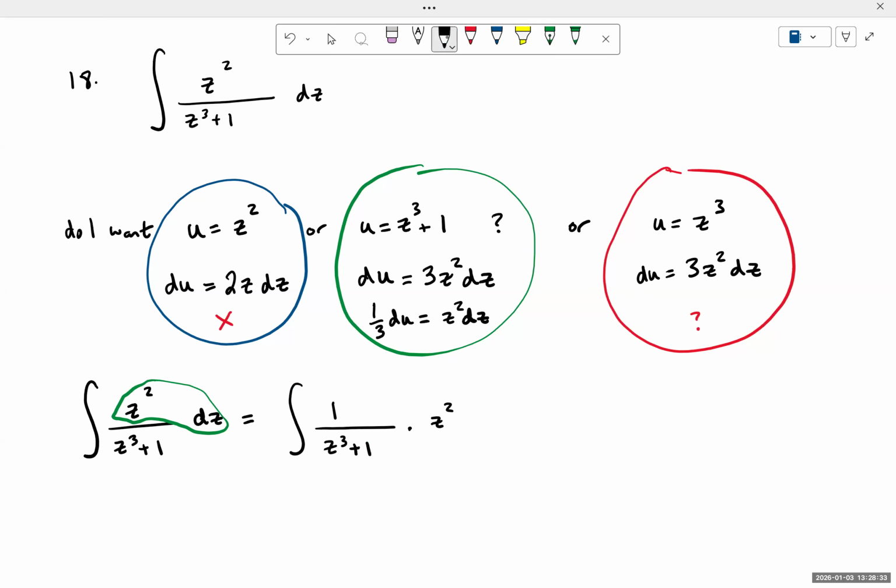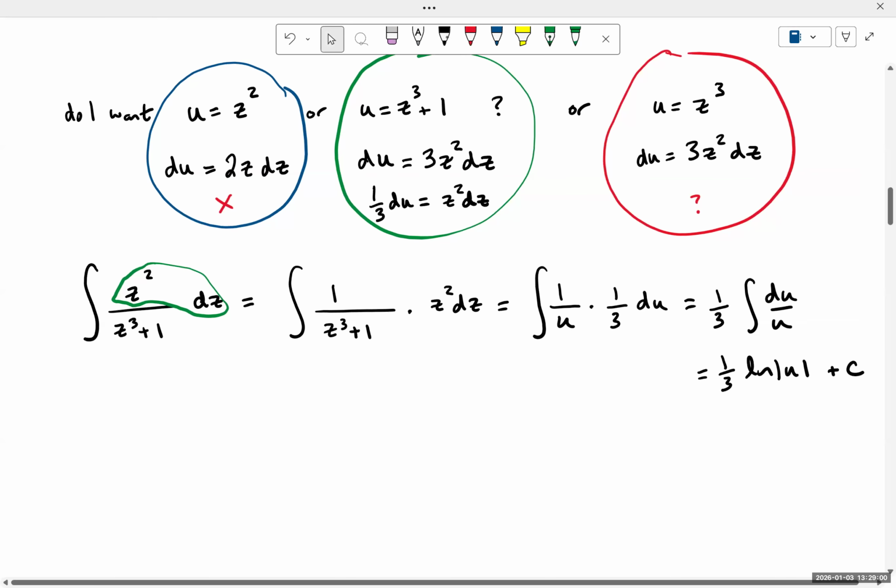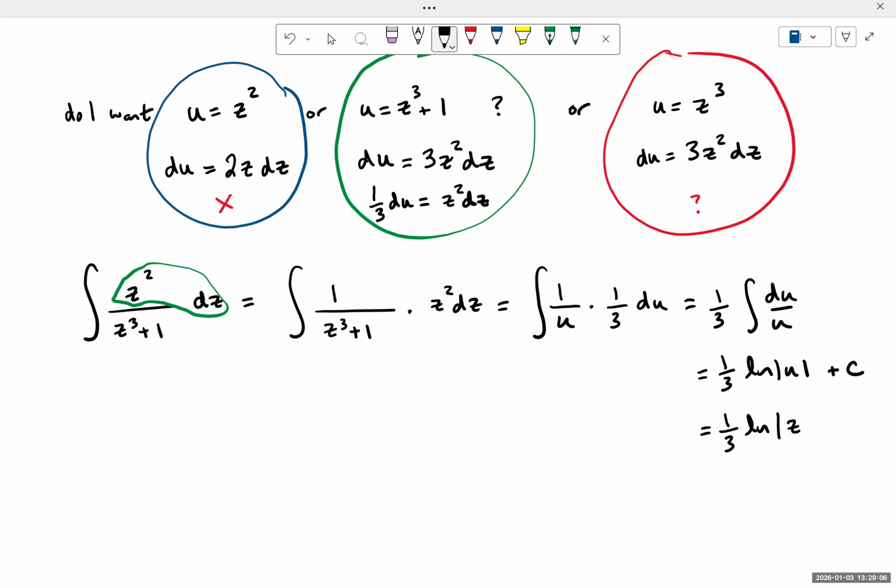I can pull that there, okay? And now that whole bottom is u, and then this would be 1/3 du, right? So then I have 1/3 integral of du over u, which is, we know, natural log. And so throwing back in my u, I can do 1/3 natural log z cubed plus 1, and I'm done. Yay!